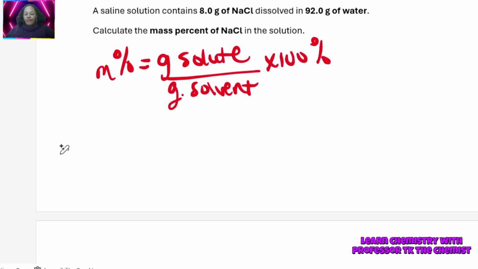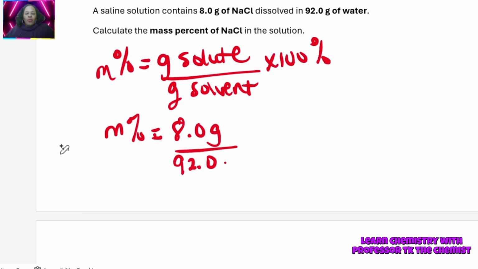So all you have to do here is plug in the numbers and keep it moving. So I'm going to plug in the numbers that I already know based on the problem. So right here, I'm going to say the solute was 8.0 grams divided by 92.0 grams times 100%.